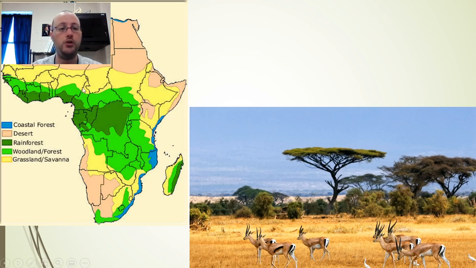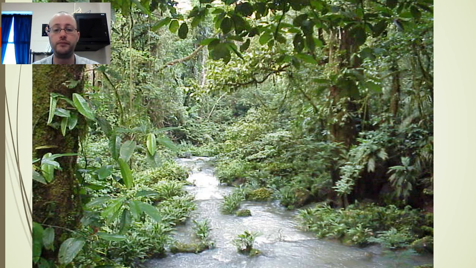This map over here shows you what is desert, what's the grassland or savanna, the woodland forest, the coastal forest, and the rainforest. The rainforests are going to be typically right there on the equator. That's where rainforests are located, both in South America and in Africa. Here's some more pictures of what it looks like. This is the African rainforest.